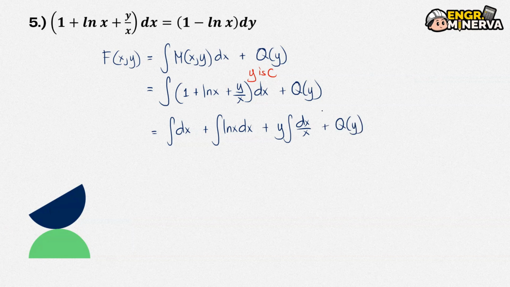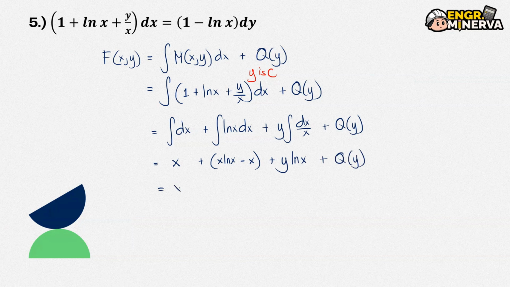So next, let's integrate. That would be x. The integral of ln of x would be x ln x minus x, using integration by parts. Plus y times the integral of dx over x, which would be ln of x, plus q of y.